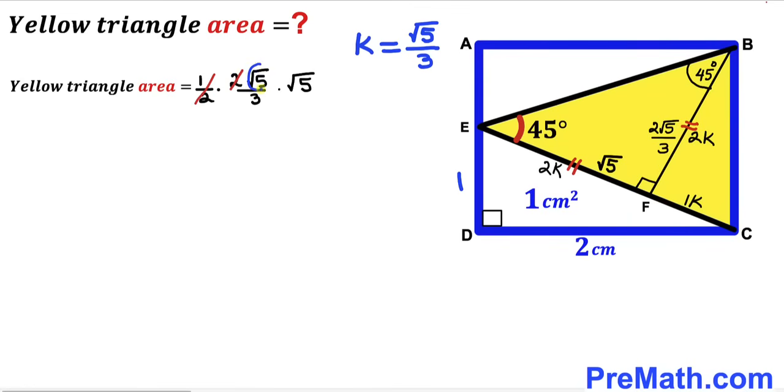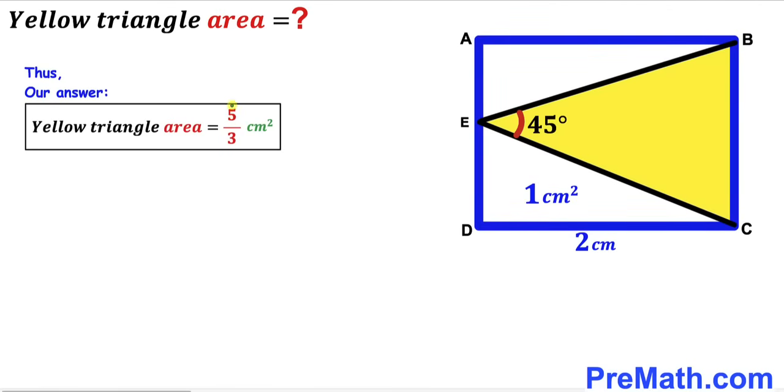And this square root of 5 times square root of 5 is going to give us simply 5. So this yellow shaded triangle area is going to be simply 5 divided by 3 centimeter square. So thus, after all the calculations and manipulations, the area of this yellow shaded triangle turns out to be 5 divided by 3 centimeter square. And that's our final answer.